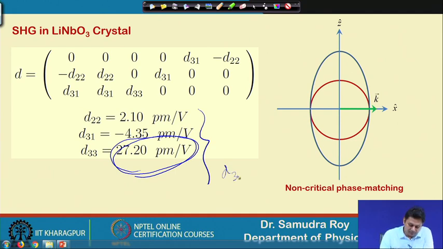So, what is the value of d33? d33 is of the order of 30 picometer per volt, which is a really large value compared to the other values.